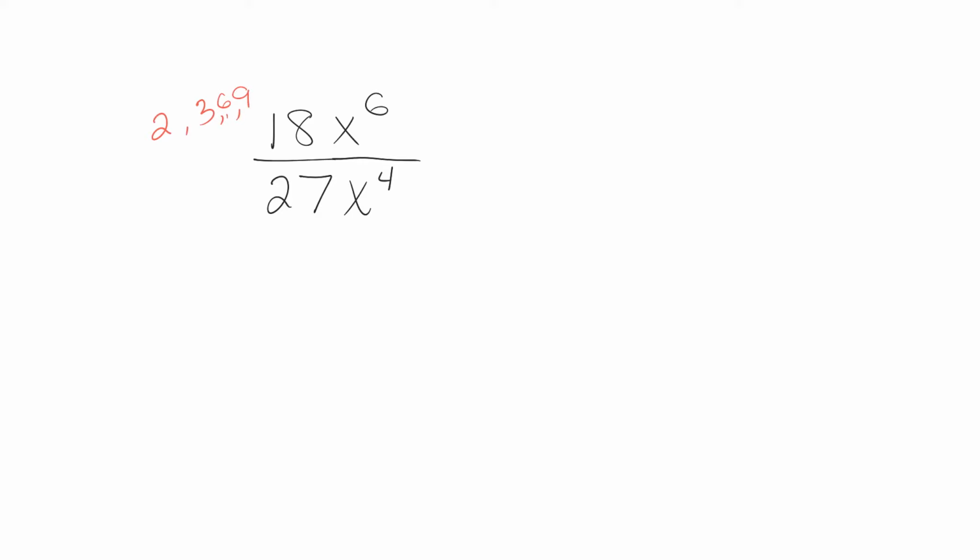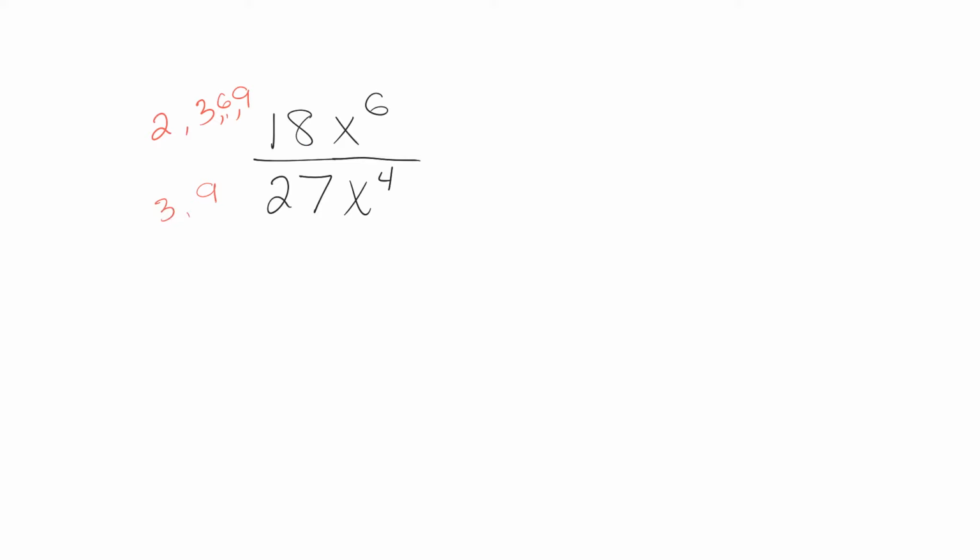Okay, what does 27 divide by? Does 27 divide by 2? No. Does it divide by 3? Yes. 4? Nope. Does it divide by 5? No. 6, 7, 8, 9? It divides by 9. So if I look at this, what factors do 18 and 27 have in common?